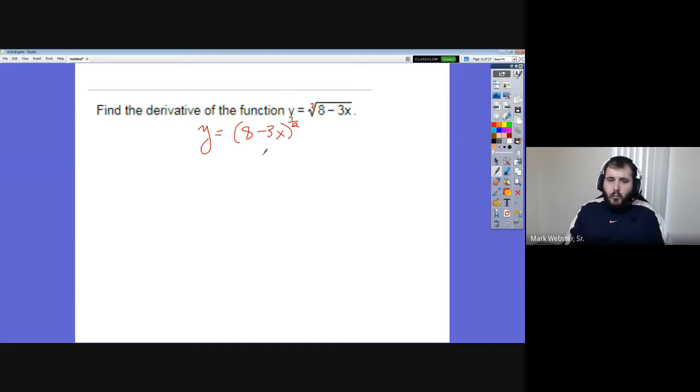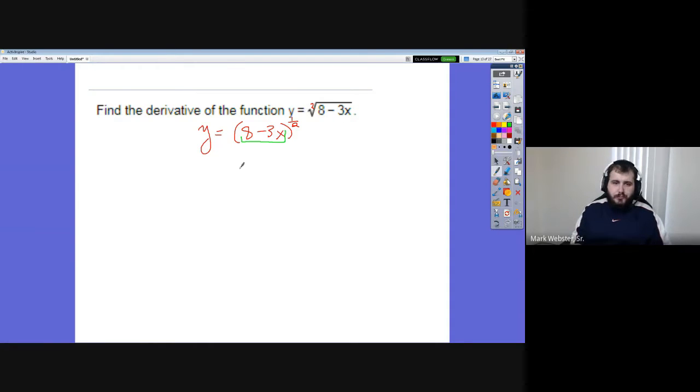Now, when we want to take the derivative of something more complicated like this, remember we're taking the derivative of the outside times the derivative of the inside. So you can start off by pretending that this piece in here isn't anything. Just ignore what's inside the parentheses and pretend like you're going to take the derivative normally.